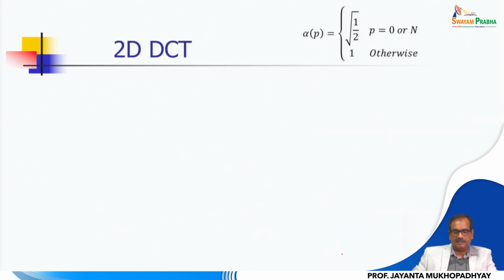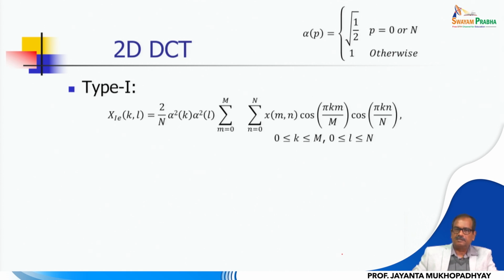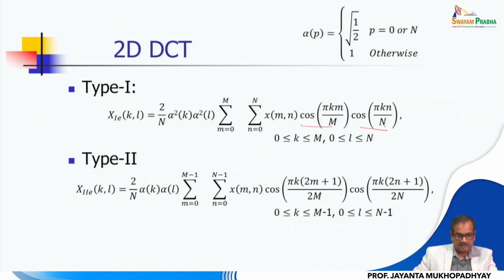In two-dimensional DCT, similar expressions could be obtained. Here we consider the corresponding basis functions. These are alpha k into alpha l.